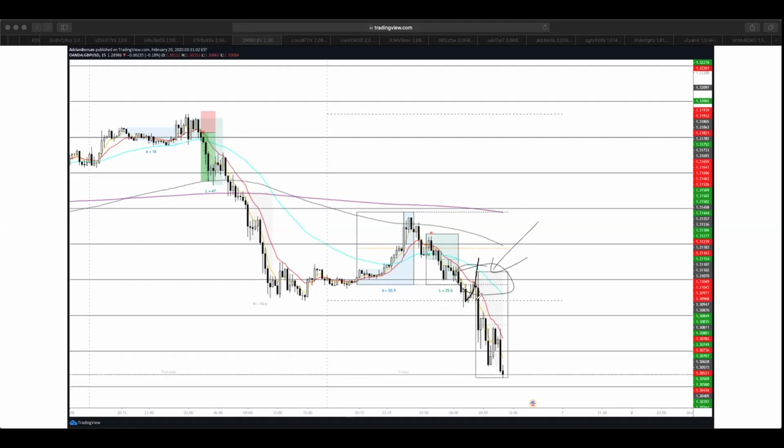Does that make sense? This would have come up higher to more the middle of the range, where you're about 25 pips away from the low, and even higher up here. Then that would make it a more easily identifiable continuation trade.